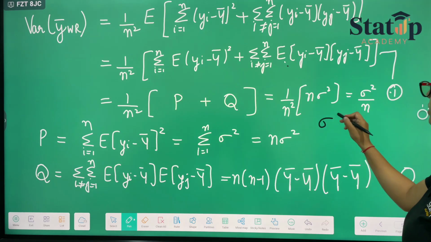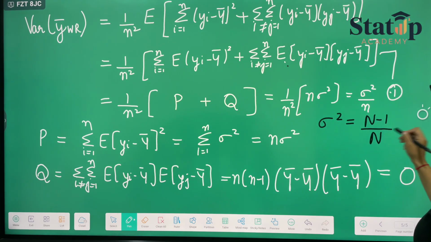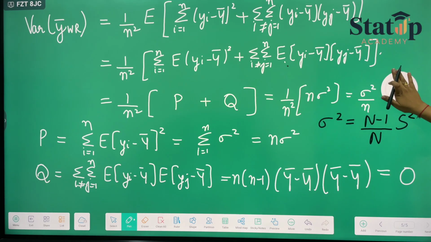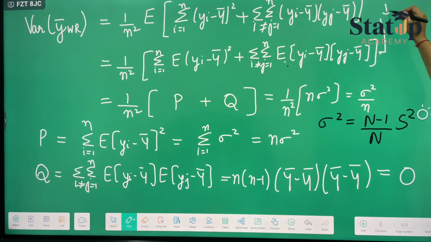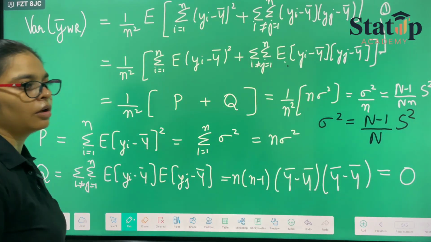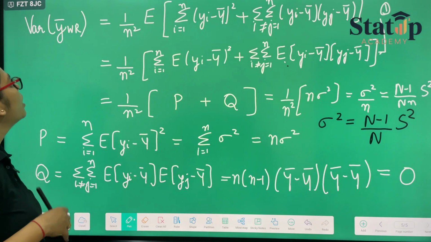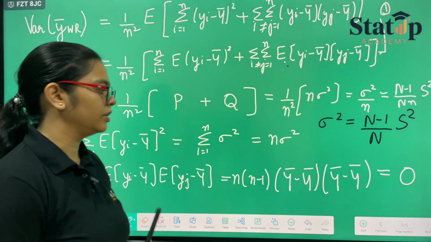Now sigma square is equal to capital N minus 1 upon capital N capital S square. This is equation 1. Here we can also write this as capital N minus 1 upon capital N and capital S square. So this is the variance of y bar, variance of sample mean in simple random sampling with replacement.